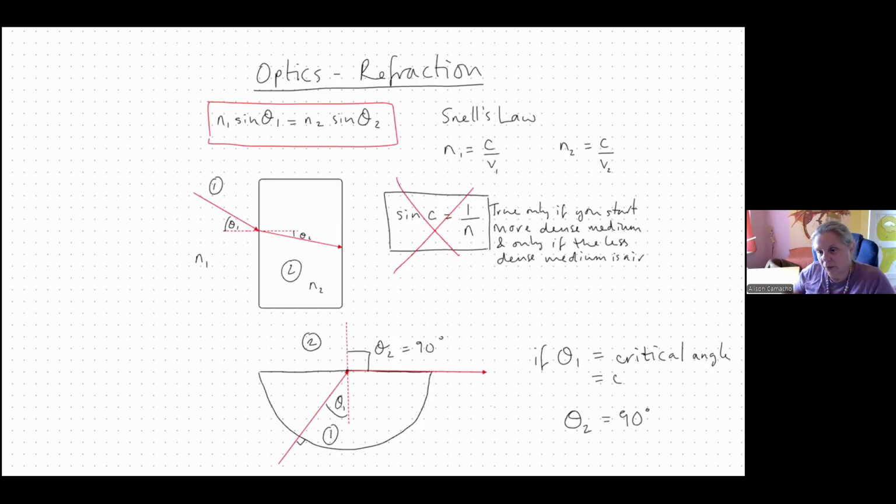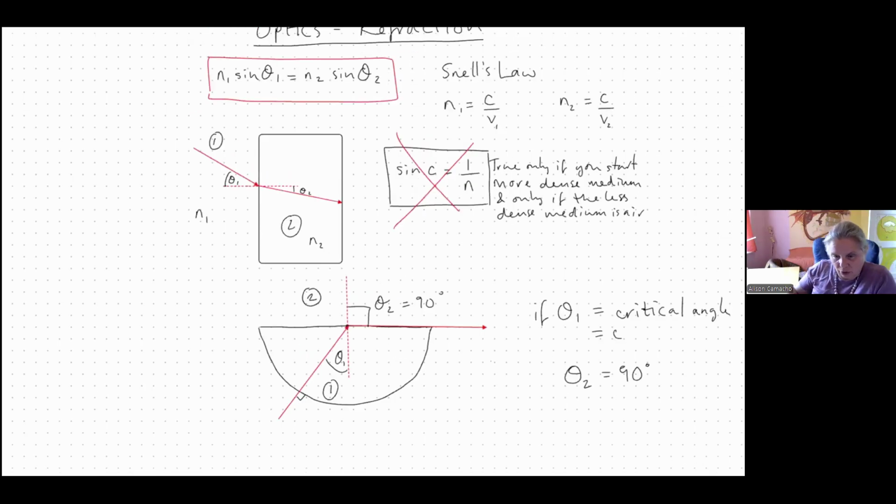Now, if I use Snell's law at the top, I start with material 1, so this is N1 and this is N2. Can you see I go N1 sine theta 1, my critical angle C, is equal to N2 sine 90.